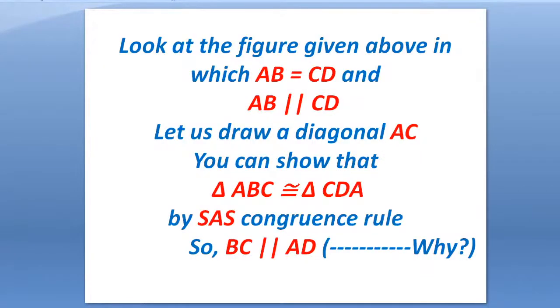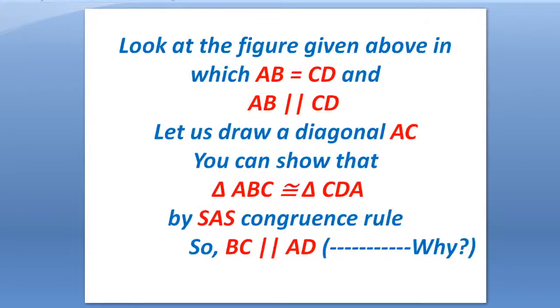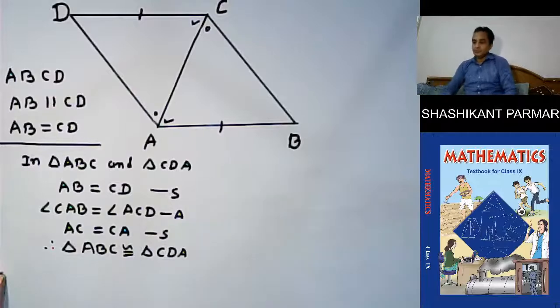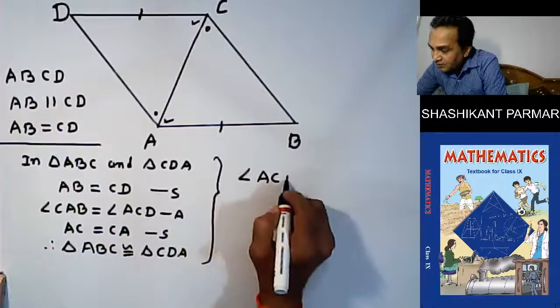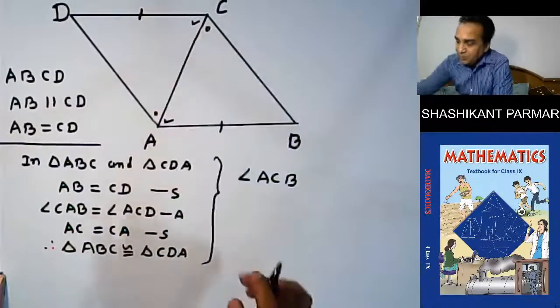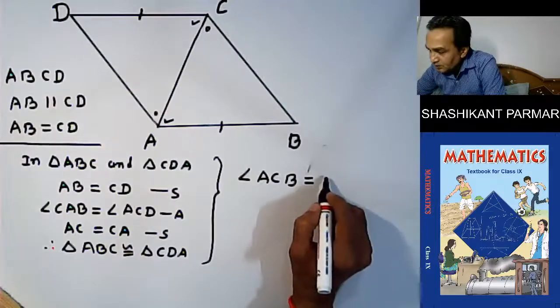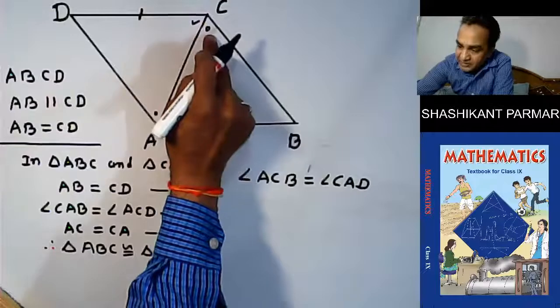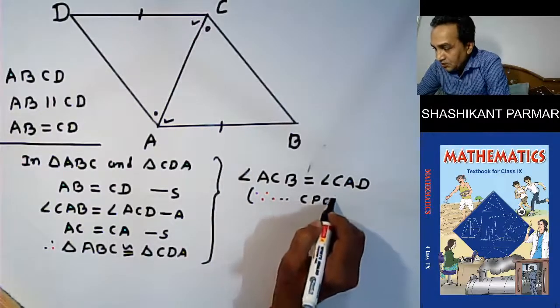See this figure also. Now angle ACB, that means this angle, is equal to angle CAD, this angle and this angle, because of CPCT.